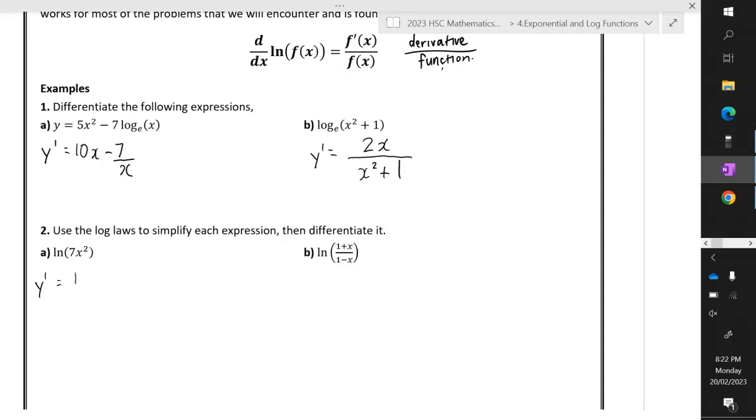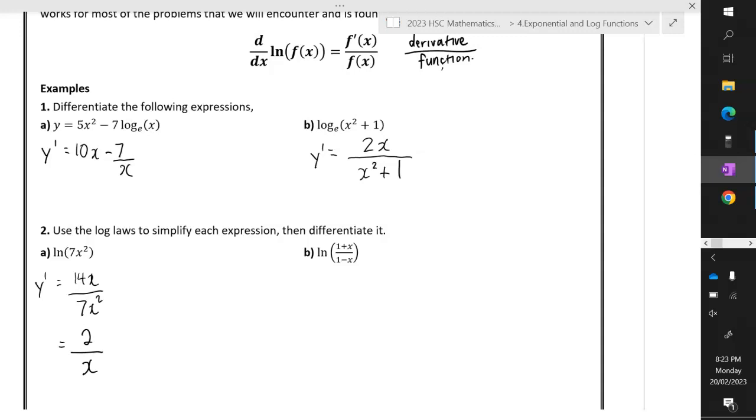My derivative is 14x and my function is 7x squared. The only thing you need to remember with questions like this is you still need to simplify wherever you can. So I'm not going to leave that as 14x over 7x squared. I'm going to simplify that. So 14 over 7 will give me 2 on that top line. I've got an x on the top line, 2 x's on the bottom, so it's going to become 2 over x. So that one's fairly straightforward.